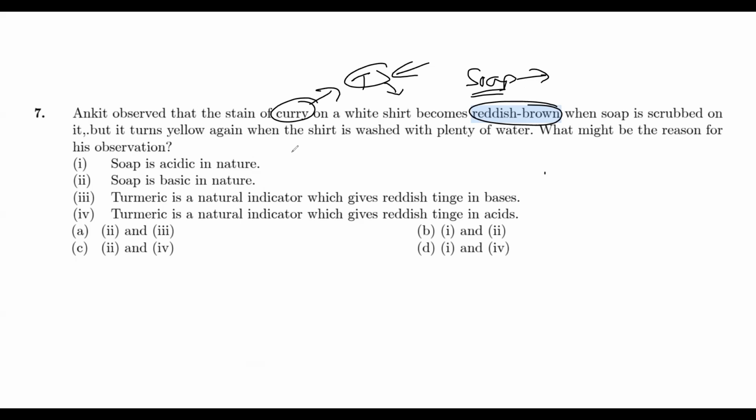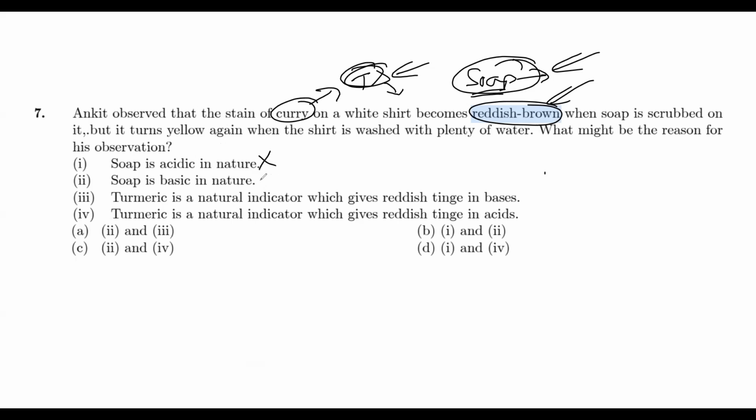Turmeric, as you know, is a natural indicator. Its natural color is yellow and does not change in acidic medium, but turns reddish brown in a basic medium. As you know that soap is a base and therefore it should turn reddish brown in basic medium. So soap is acidic is not correct.